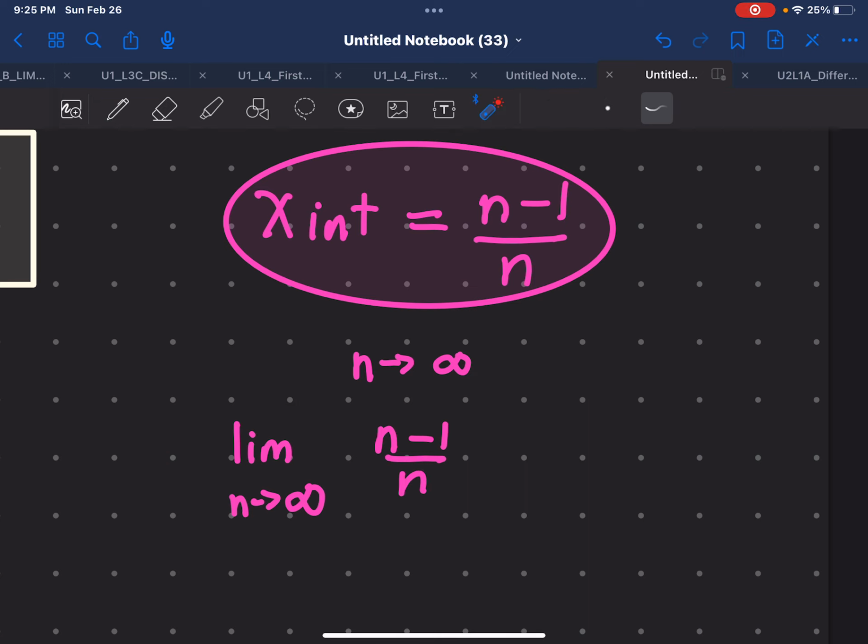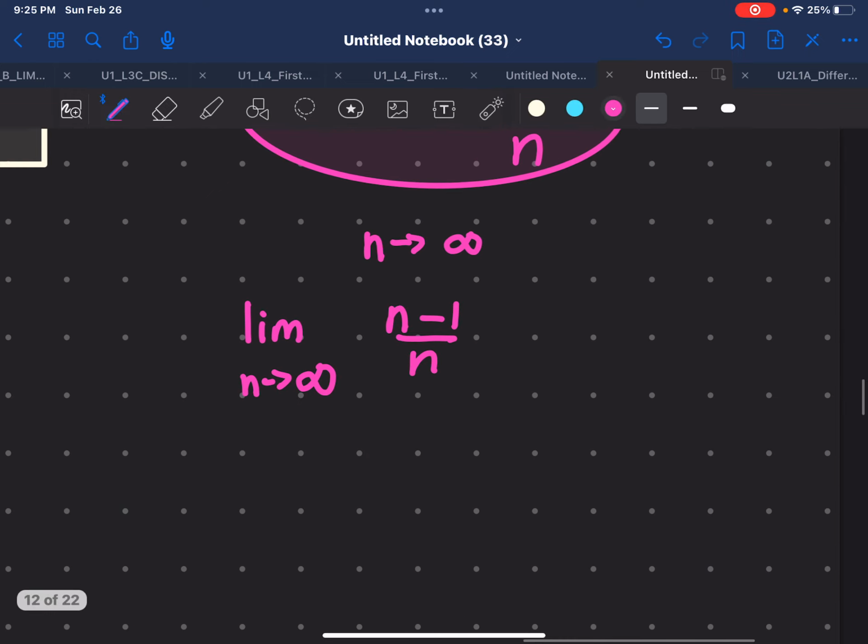We need to estimate this value instead of evaluating it, and to estimate it means to find the limit of it, since it is an indeterminate form. So we cannot substitute n right away. What we are going to do is factor out n.